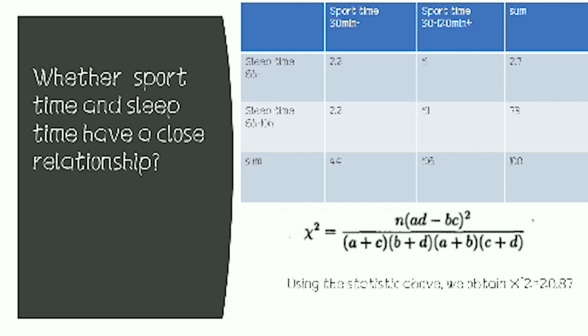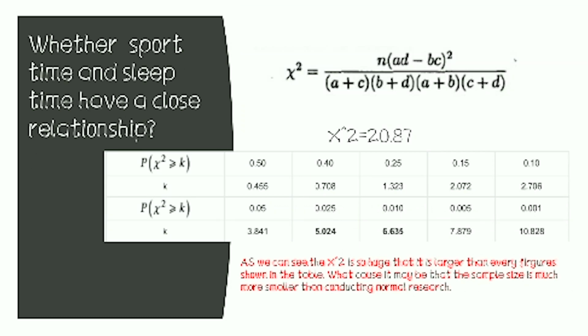By using the chi-square test, we obtain a chi-square value larger than 20. We find that 20.87 is larger than the biggest number in the figure. Yet maybe our sample size is small and it results in some error.